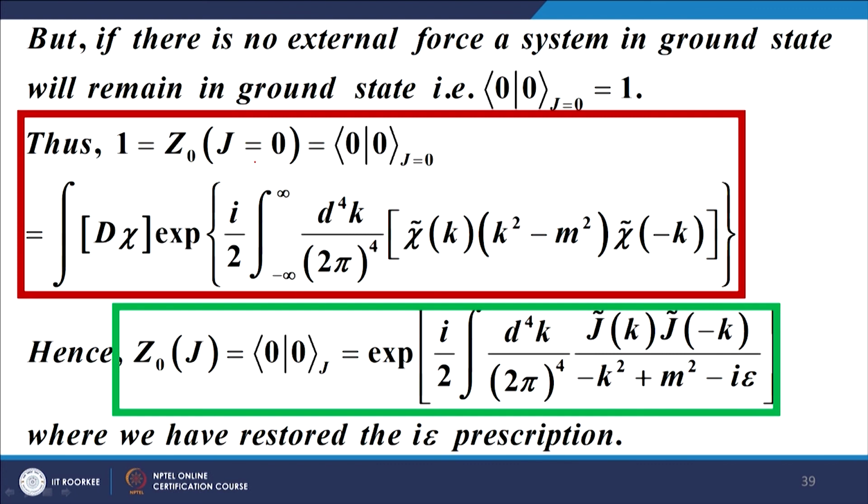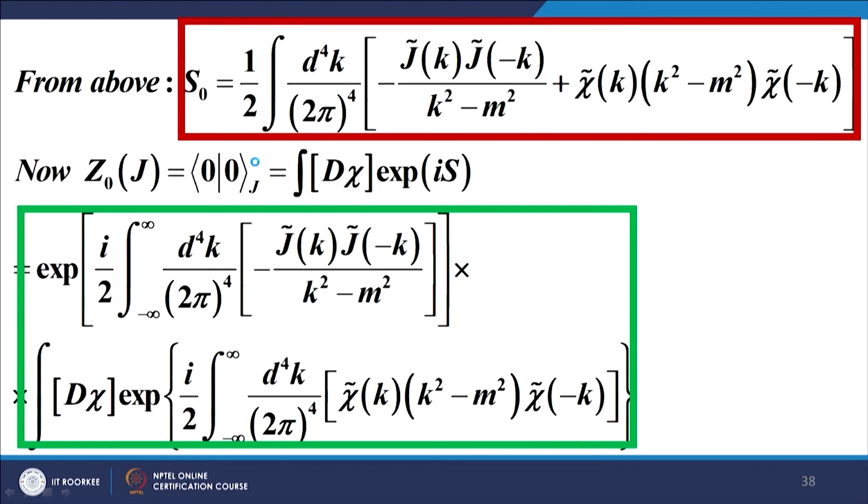Now, what is Z0 at j equal to 0? If you go back here and put j equal to 0, then this prefactor will vanish, and whatever will remain is the path integral. And what we are saying is that if j is equal to 0, in other words, if this prefactor vanishes, whatever remains must be equal to 1. Why are we saying this?